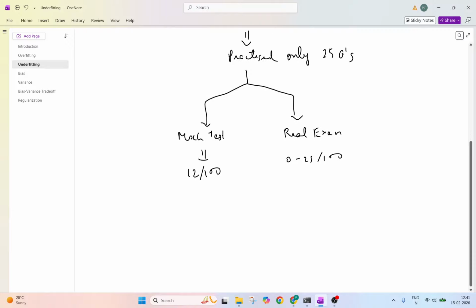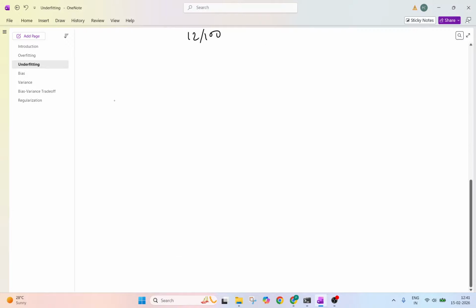Now, if the student was an ideal student, what would he or she do? An ideal student understands the concepts, right?